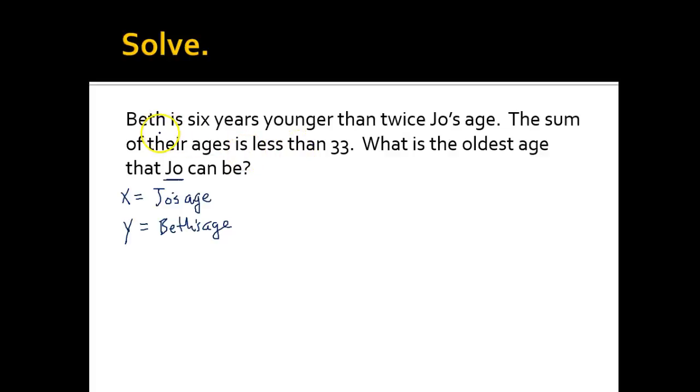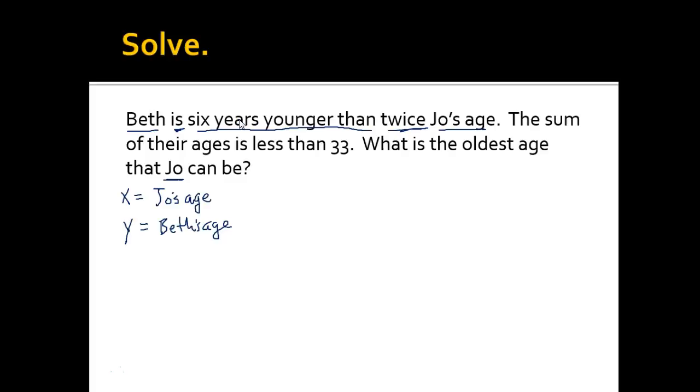Let's look at the first sentence because it's first. Beth is 6 years younger than twice Joe's age. Now, each one of those words or phrases that I've underlined should call to your mind an algebra symbol.